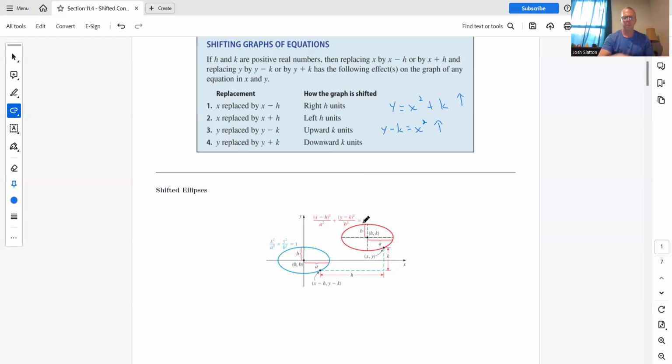And so this is a horizontal move, and it's also going to move the vertex h units that way. So to find the new a, you would add h to the a. We'll see how this works in this example here.